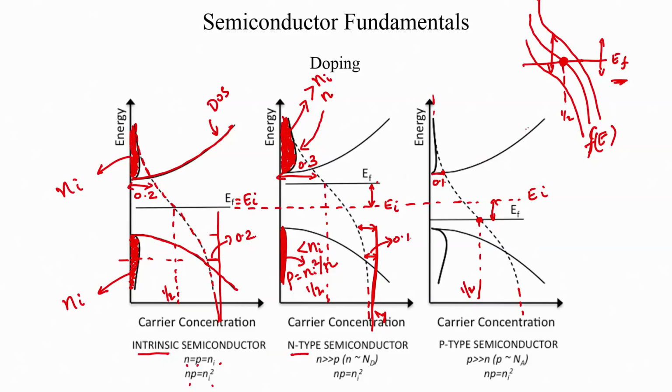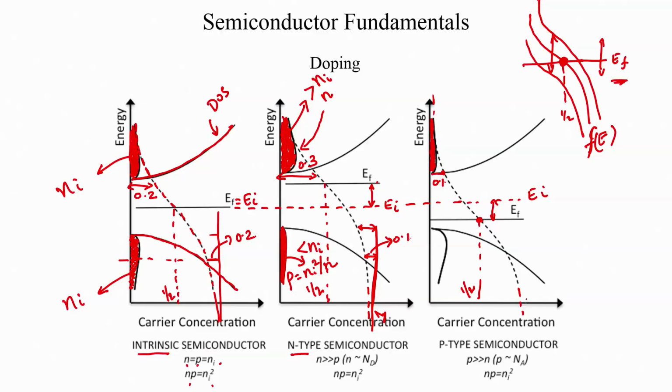So although the density of states has not changed, the number of electrons in the conduction band has decreased, and it will decrease to a value less than Ni, which was the intrinsic case, for p type doping. For n type doping, the electron concentration is increased.